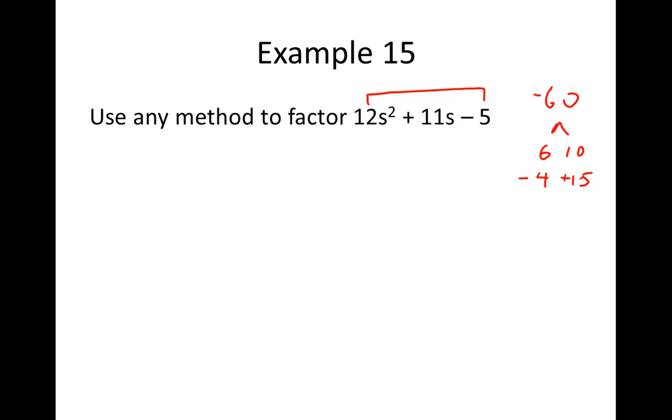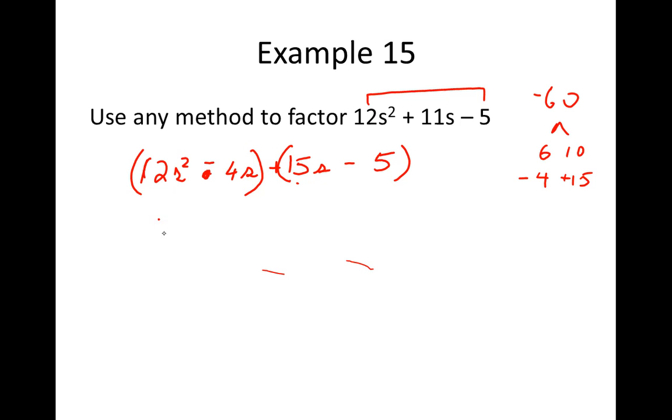So what do we got here? 12s squared minus 4s plus 15s minus 5. Group these guys up.